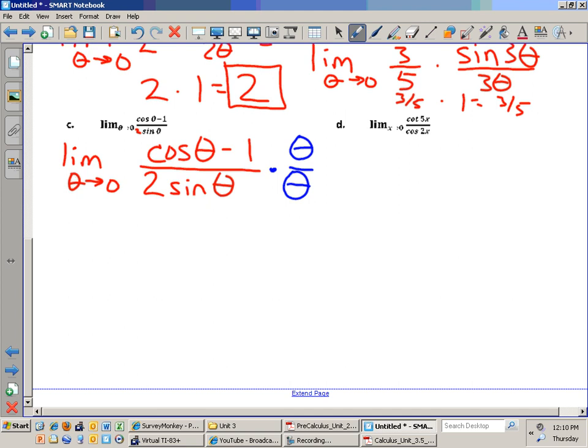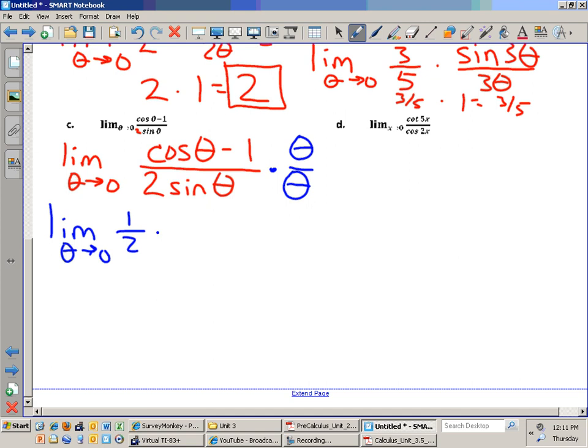Now, watch what's going to happen here, okay? This 2 means no, never mind to me. It's not sitting near a theta. It's just like a 1/2. Everything's multiplied by 1/2. So this limit is actually the limit as theta approaches 0 of, I'm going to write it as 1/2 times. Now, I'm going to swap something in the rest of this expression.